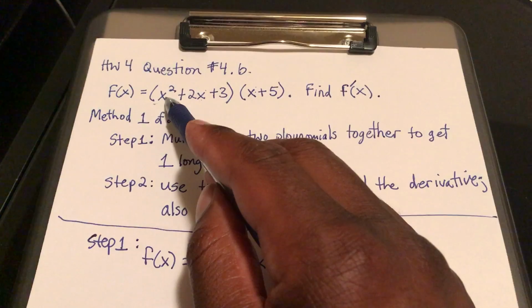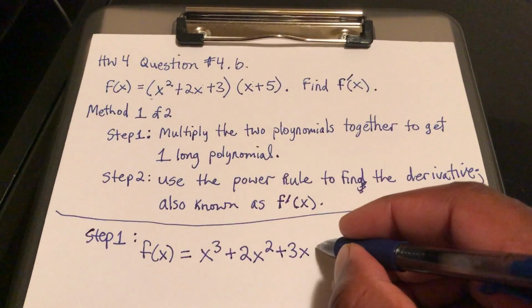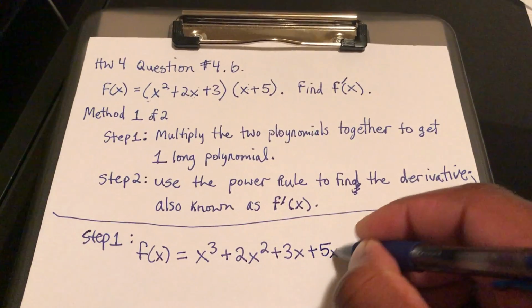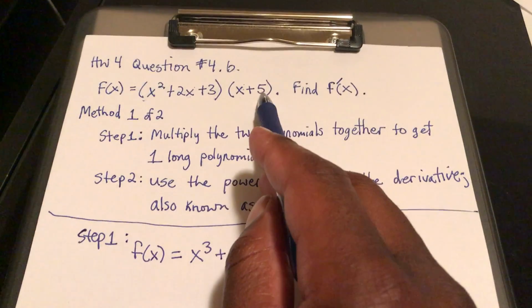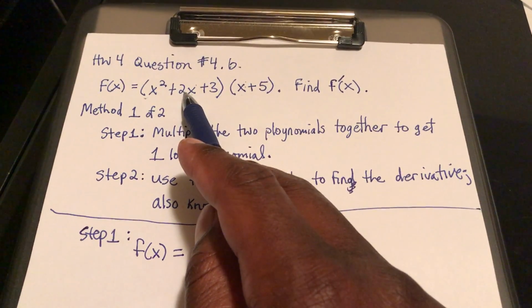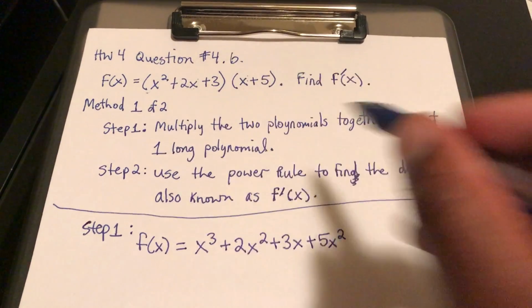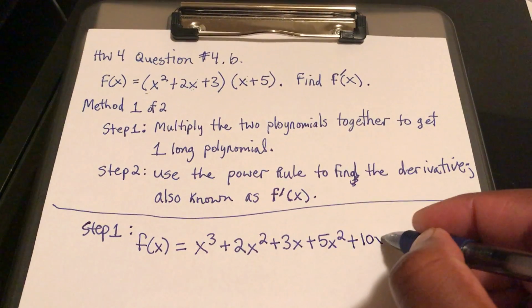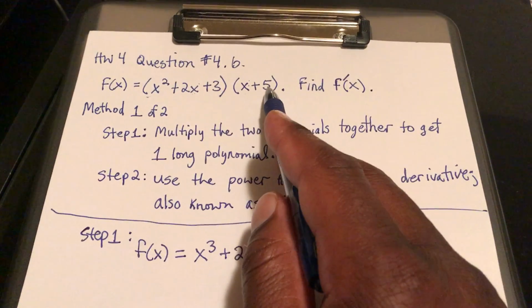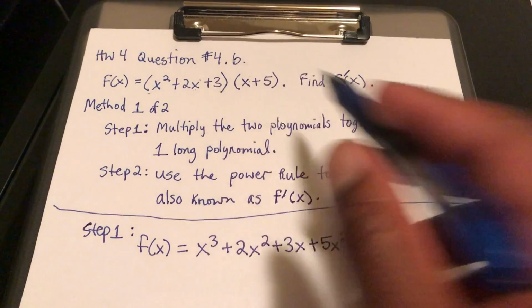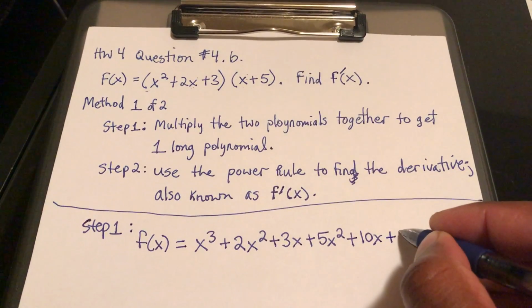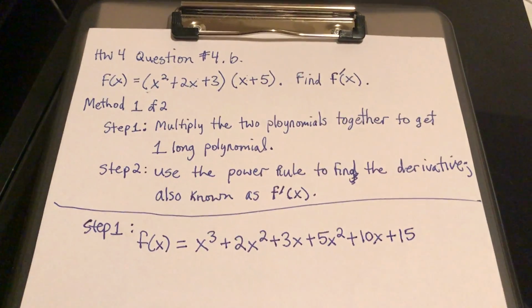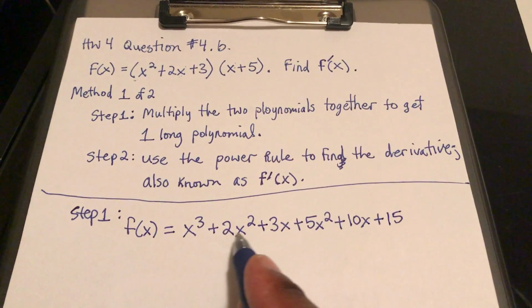Positive 5 times x squared is positive 5x squared. Positive 5 times 2x is positive 10x. Positive 5 times 3 is positive 15. All right, so that's our one long polynomial.